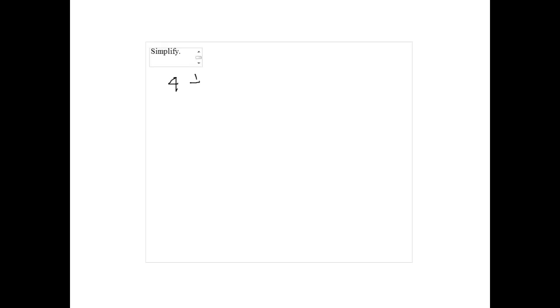Simplify. 4 divided by 3 to the negative 1, minus 4 to the negative 2, times 4 cubed. 4 divided by 3 to the negative 1, which is 1/3, minus 4 to the negative 2, which is 1 over 4 squared, times 4 cubed.